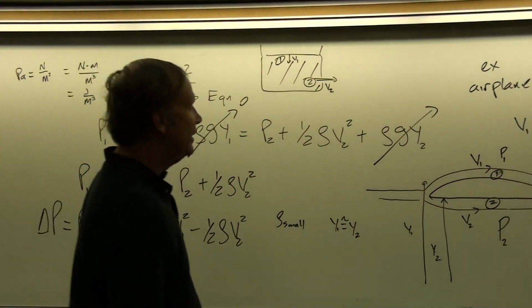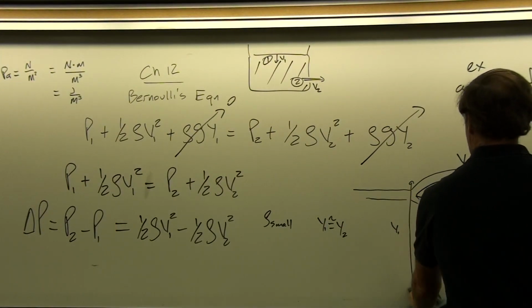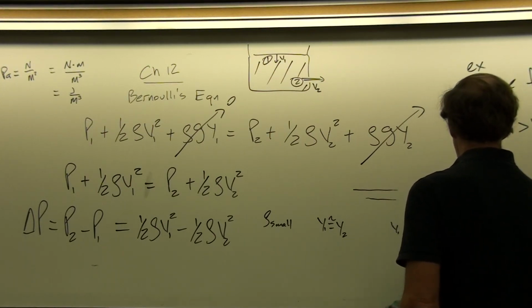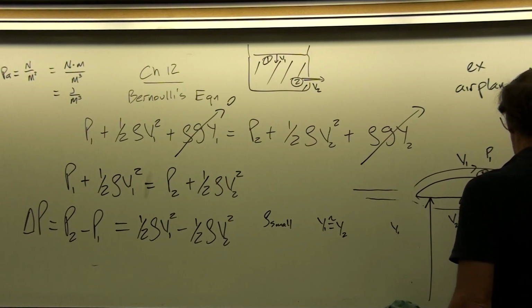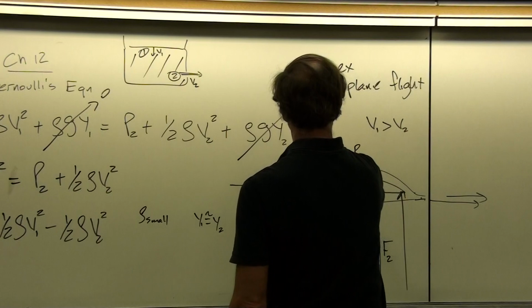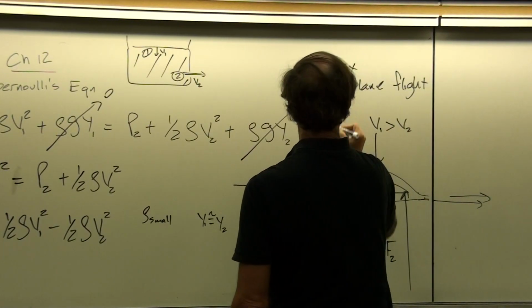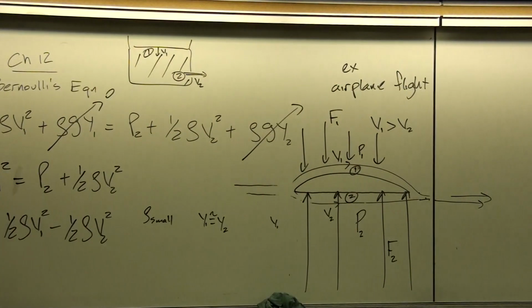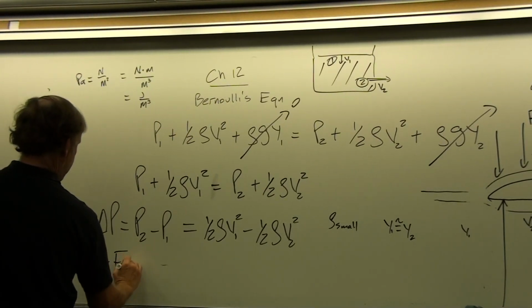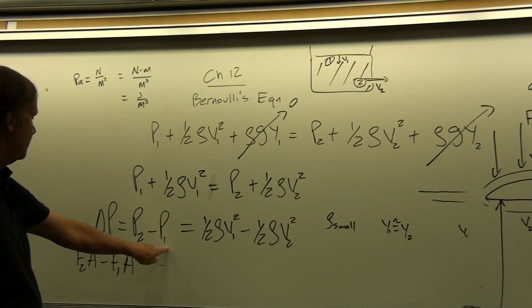And so then the forces that are associated with these different pressures are going to act perpendicular to the wing surface. So you've got this force here acting on the lower wing surface. We call this F2. You've got this force acting on the upper wing surface. That's a smaller force. It's F1. And so F2 over A minus F1 over A is the same as P2 minus P1. Okay?